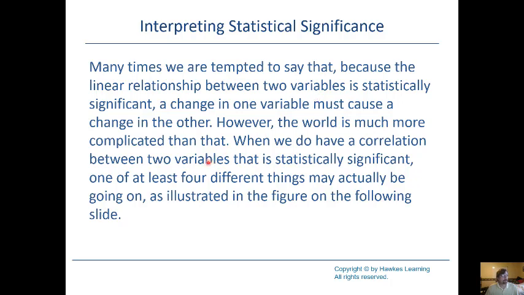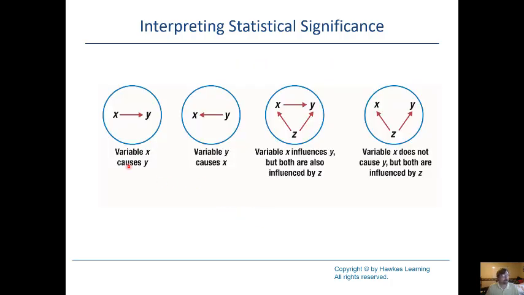So if we've got a statistically significant correlation, there could be at least 4 things going on. One variable could cause the other. If X was ice cream sales and Y was daily temperature, I would be very incorrect to say that ice cream sales caused higher temperatures.